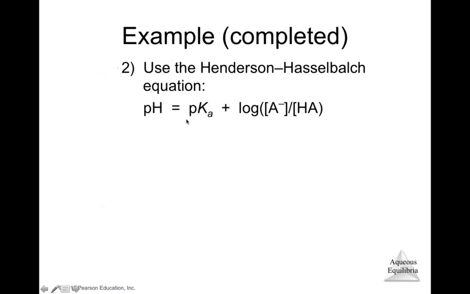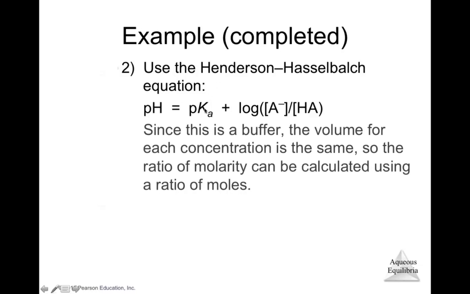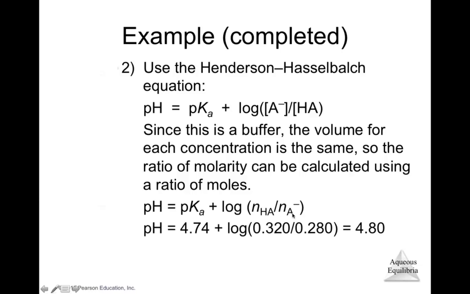And now we also know the pKa of acetic acid. Since this is a buffer, the volume for each concentration is the same, so the ratio of molarity can be calculated using the ratio of the moles, because it's the same volume. So the pH is equal to pKa plus log of the moles of the base divided by the moles of the acid.